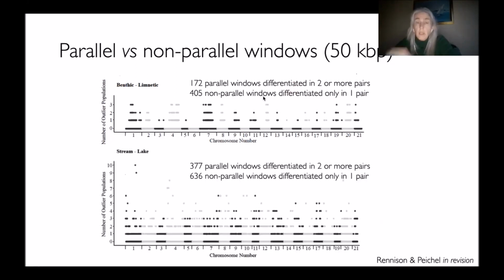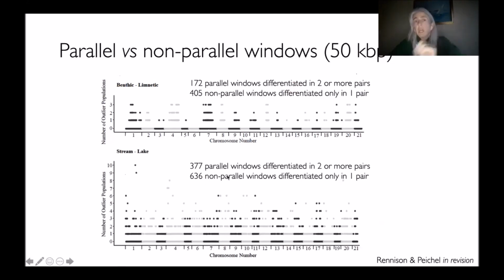In the lake-stream data, we saw a similar percentage of windows that were differentiated. So 377 windows were differentiated in 2 or more pairs, and some were even differentiated in 9 to 10 of the 16 pairs. And then about two-thirds of the windows were differentiated in only 1 pair.